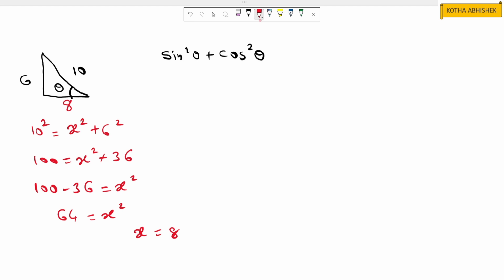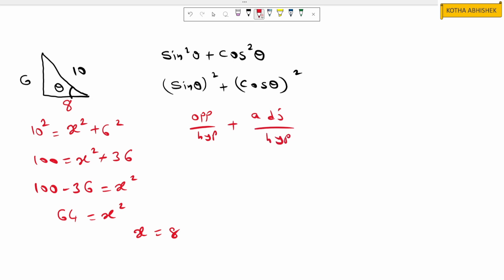Now he's asking us to find out the value of sin square theta plus cos square theta. So sin square theta can also be written as sin theta whole square, plus cos square theta can also be written as cos theta whole square. So what is the formula for sin theta first of all? Sin theta is opposite to the theta divided by hypotenuse, plus cos theta is adjacent to the theta divided by hypotenuse.